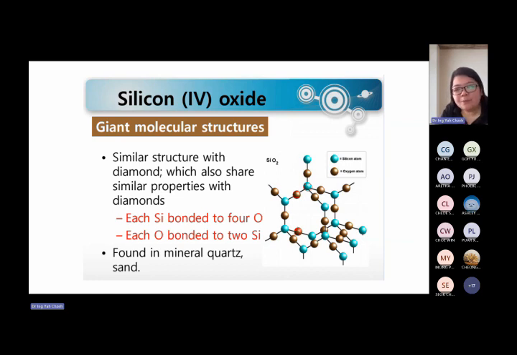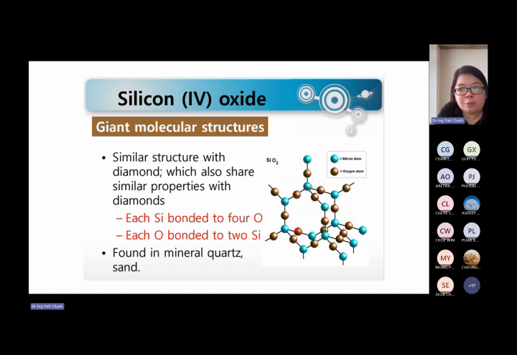Every time something is bonded in a giant lattice, the way they are bonded to each other is to always maximize the strength of the bonds, and at the same time to minimize the repulsion. So all oxygen here will have lone pair electrons, because they are only bonded to 2 silicon, covalently.